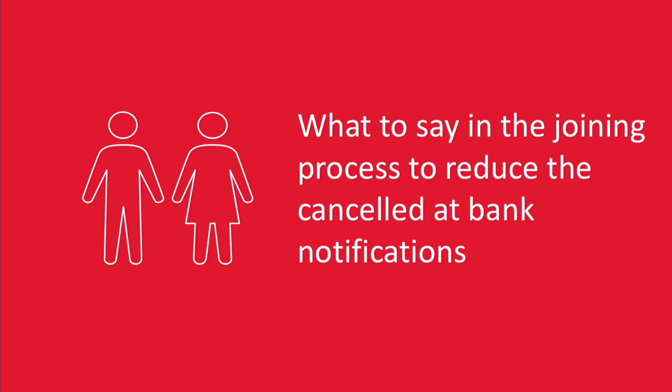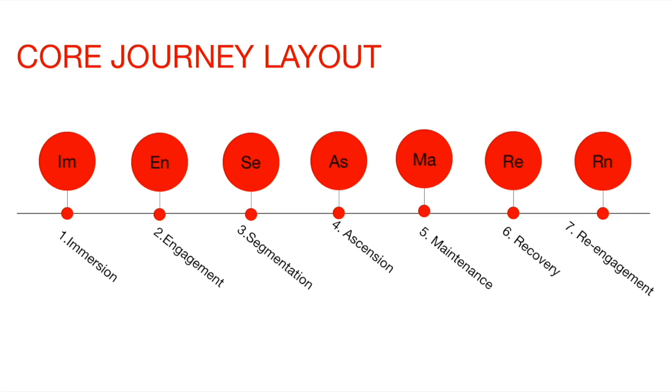Well, there's been a lot of research done on what's called priming, seeding, and persuasion. This is about telling people what's going to happen in the future before it actually happens. Now, at Retention Guru, when we're working with our clients, we look at what we call the core journey layout. And the core journey layout has these segments.